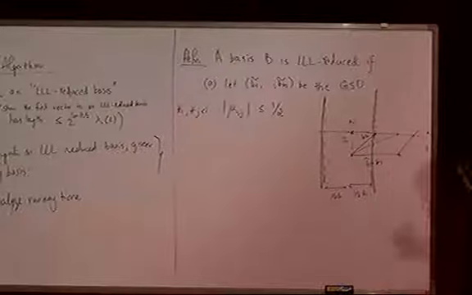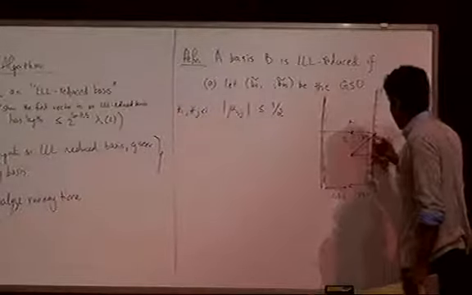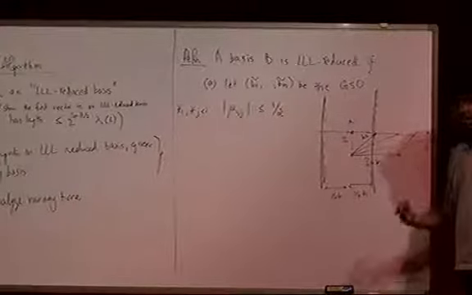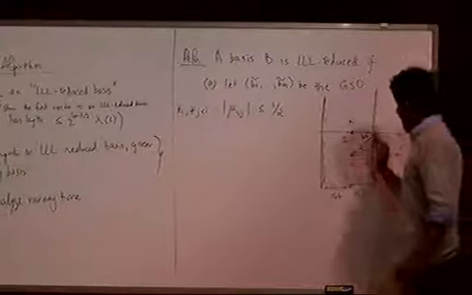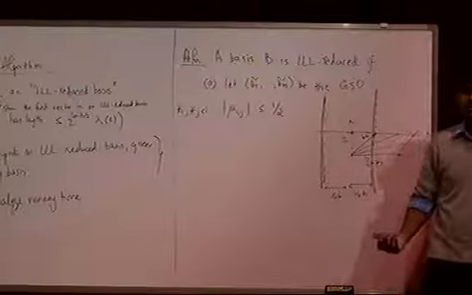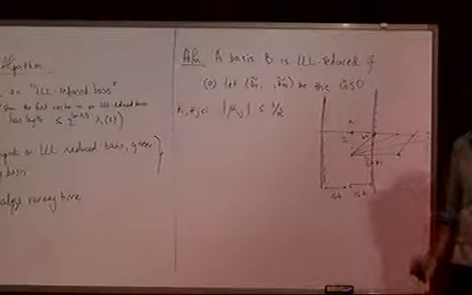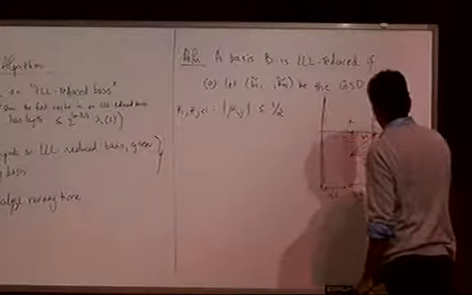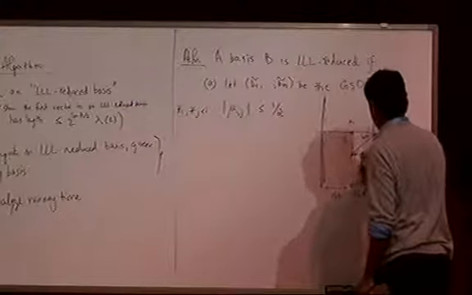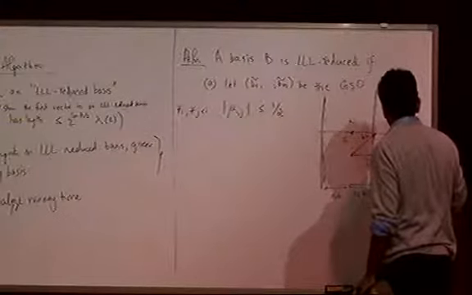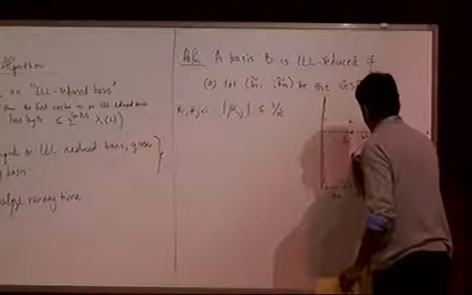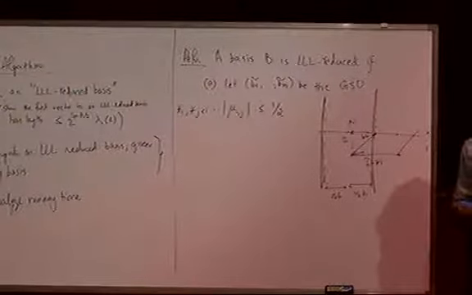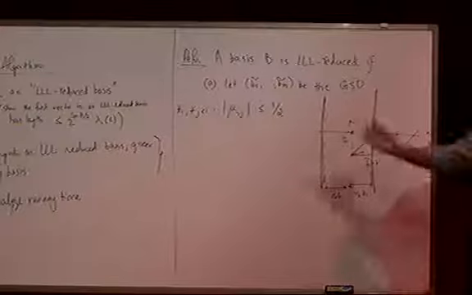It says that the angle between B2 and B1 is relatively large. Almost, because B2 could be anywhere in this interval, so it's not the case that the angle is large. The angle could in fact be small.